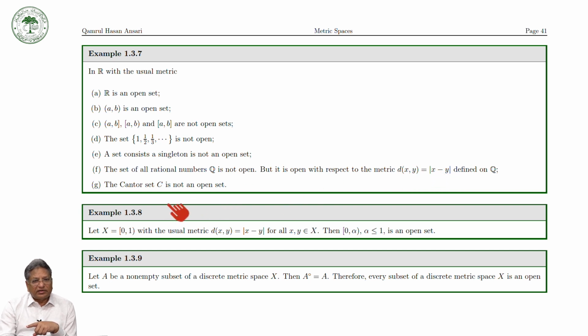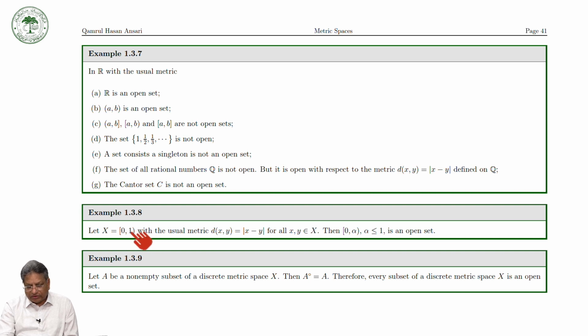Similarly, the Cantor set is not an open set. Now consider this set, the closed-open interval [0, 1). If we consider this as a subset of R, it is not open. But if you consider this as a whole space with respect to the usual metric, then this set is open.